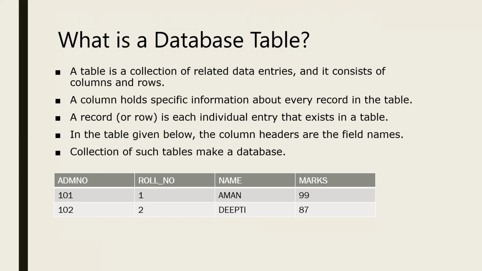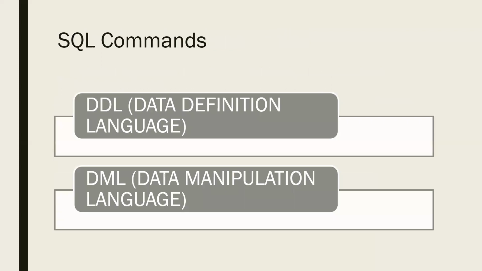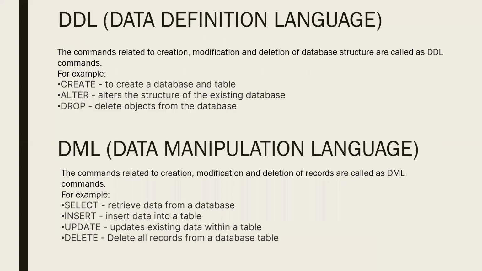If I want to delete one particular record only from the table, it will also be considered a DML command. So I hope that DDL and DML commands are clear to you. It will become more clear when we do it practically.